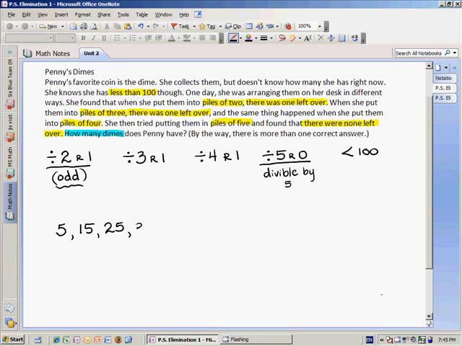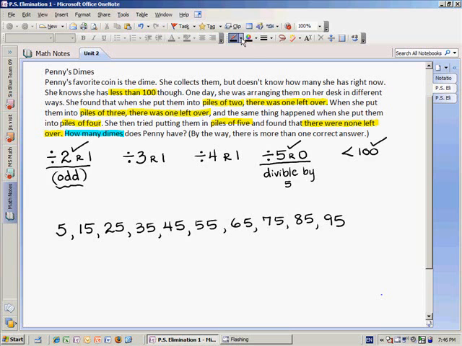Notice the pattern, so I'm going to continue my list, keeping in mind that the number of dimes she has is less than 100. So I'm creating my list, and I'm going to stop at 95. With this list, we've used that clue, this clue, and this clue.